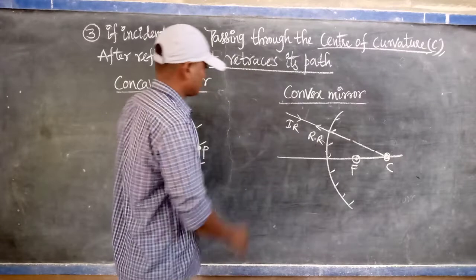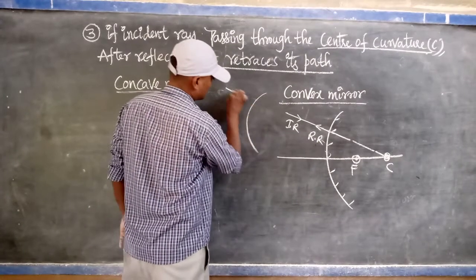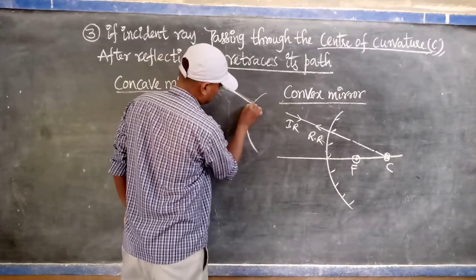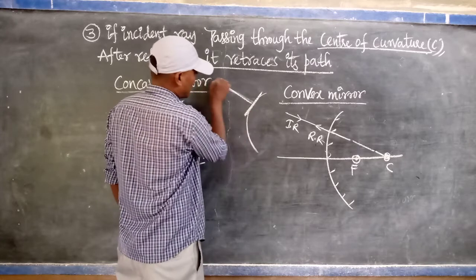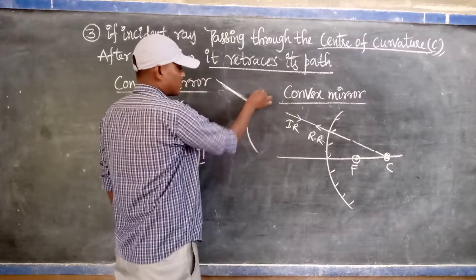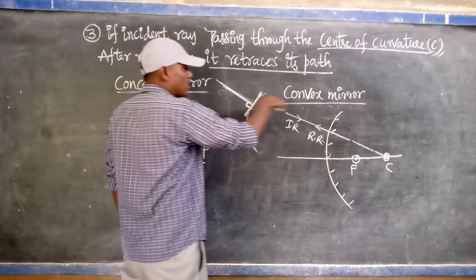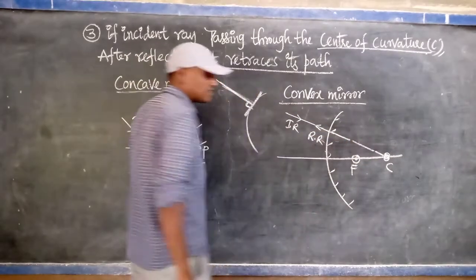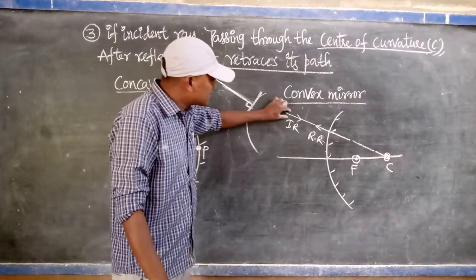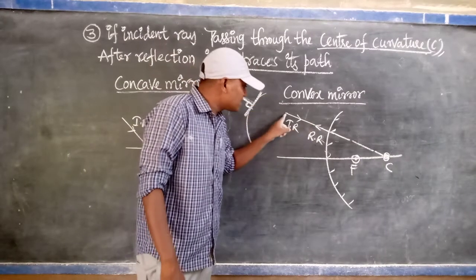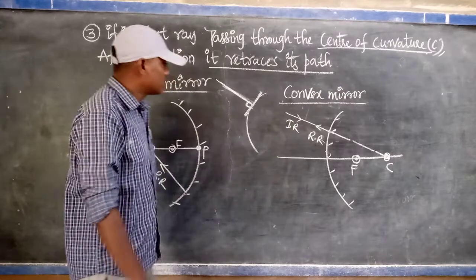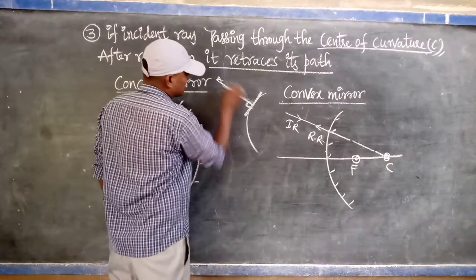Here too, for the reflecting surface, there is a normal. So the light appears to fall at the point you see normally. Listen very carefully. So it is the incident ray.